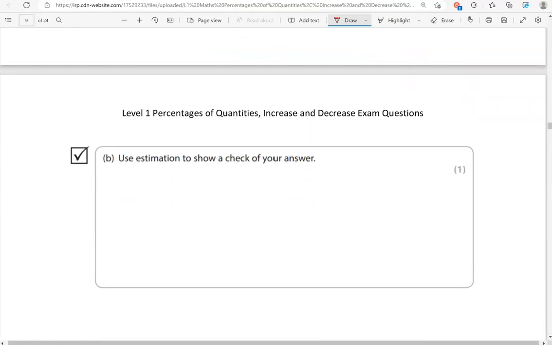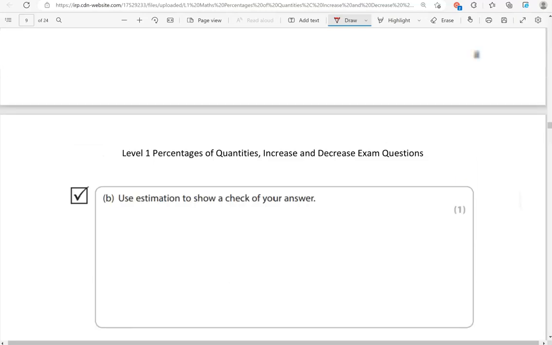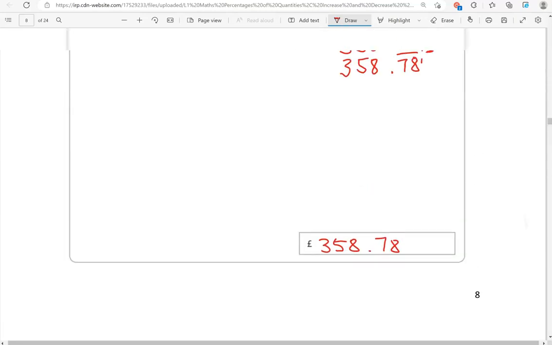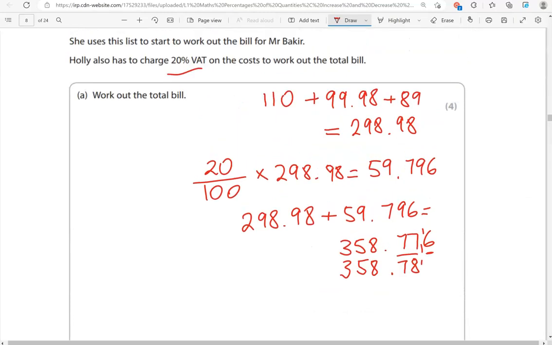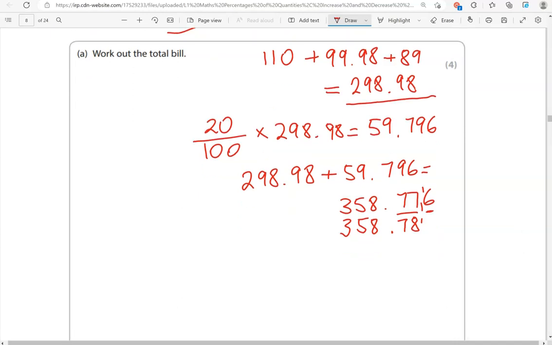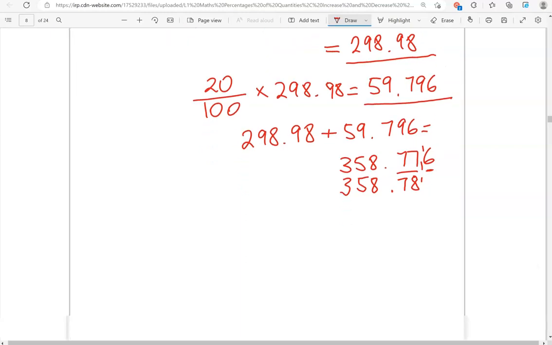Use estimation to show a check of your answer. Okay, so this was about £300. So if we do 20% of £300, is that something close to £60? Let's have a look.